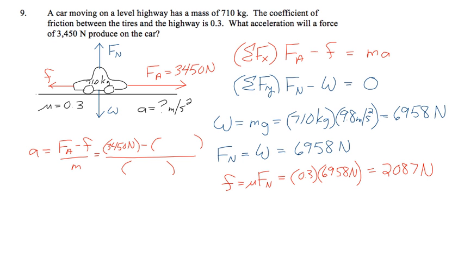Friction was 2,087 newtons, so we know it's going to accelerate, not decelerate, because that's a smaller number than the applied force. And the mass is 710 kilograms. So solving that, and I hope you get the answer that I gave for this one, which was 1.92 meters per second squared.